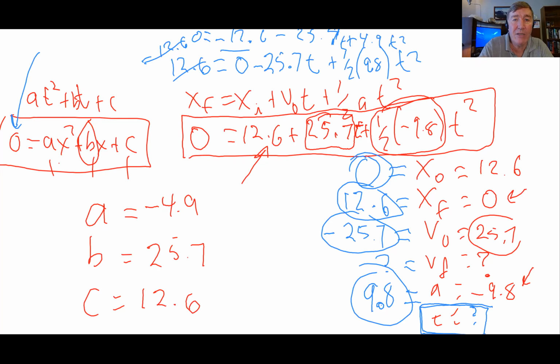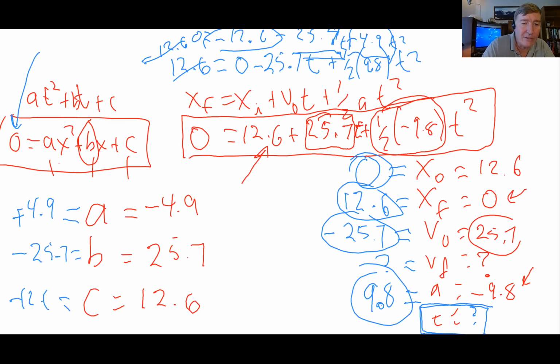So for me, a is a positive 4.9, and that's my b value, a negative 25.7. And the c value for me is a negative 12.6.